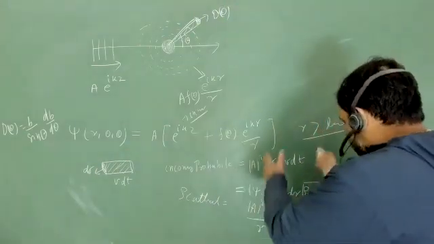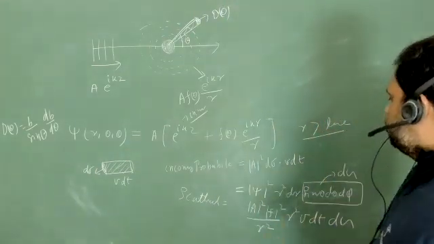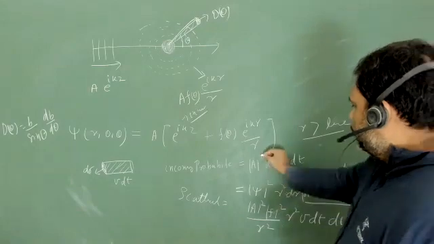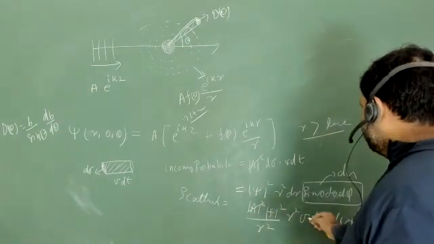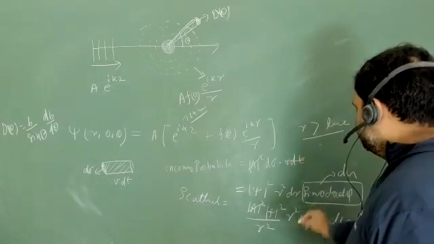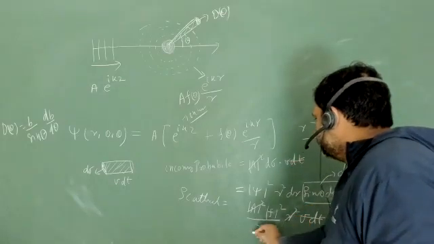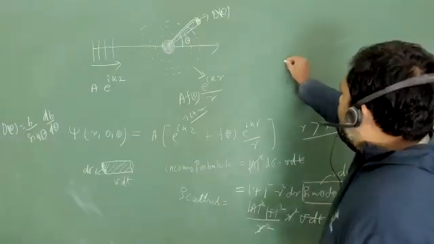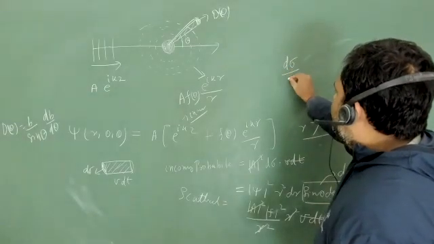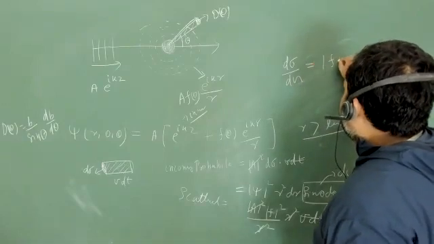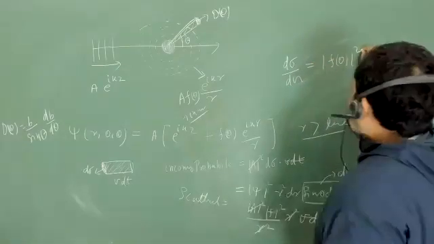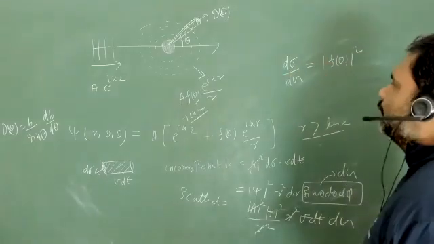So if we are just going to equate this particular thing, then what will happen? Mod A square cancels out, V dt cancels out, R square cancels out. And what we have is d sigma upon d omega, which is nothing but mod f theta square. And what is d sigma upon d omega?